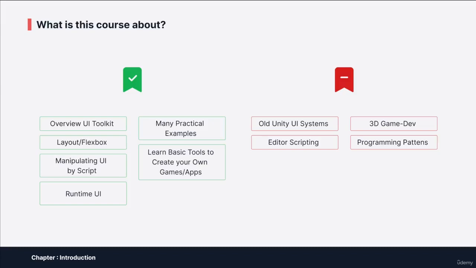Now, the key takeaway is: what can you expect from this course? When you're done with this course, my goal is that you have a solid base to go out and do your own games and your own stuff. When you're done, you should know where to look and have a tool for most situations that you might face in UI development.